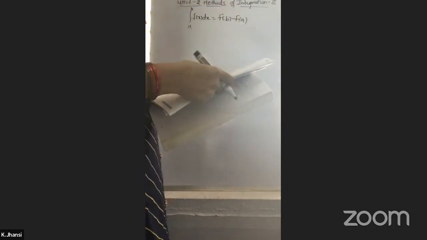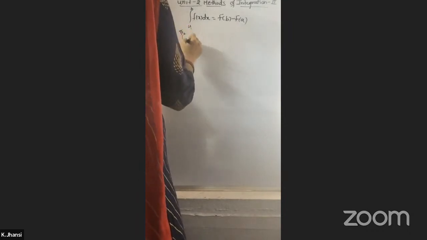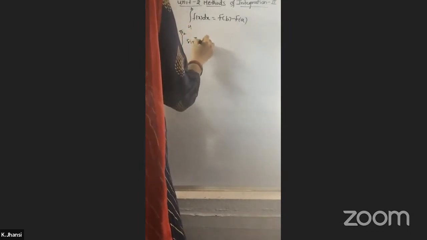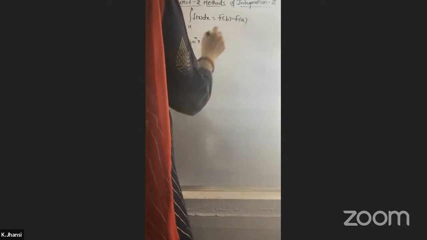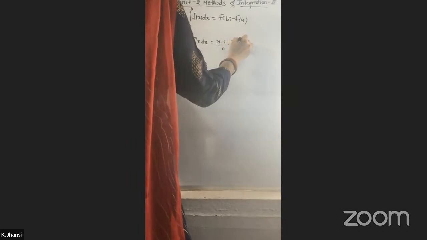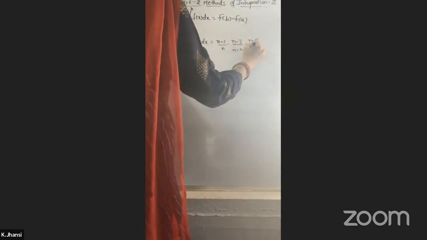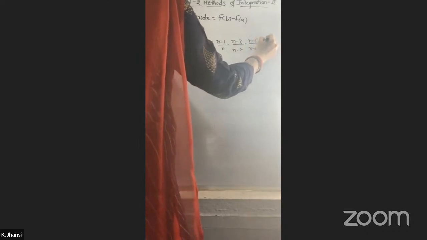After that, the reduction formula is there. The reduction formula, when it is integral from 0 to pi by 2 of sine to the power of n x dx, is equal to n minus 1 by n into n minus 3 by n minus 2, n minus 5 by n minus 4, and so on.